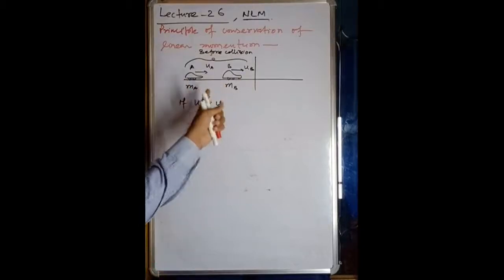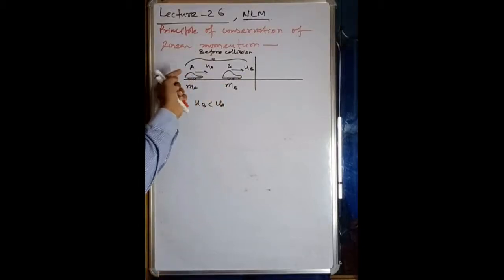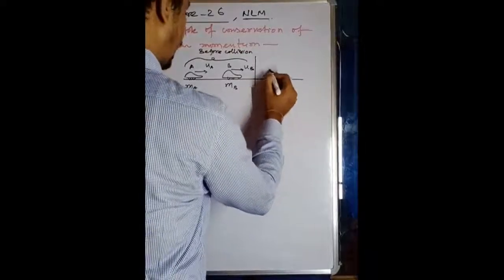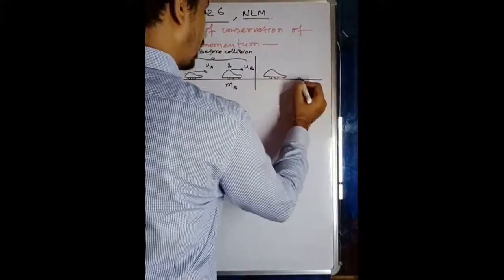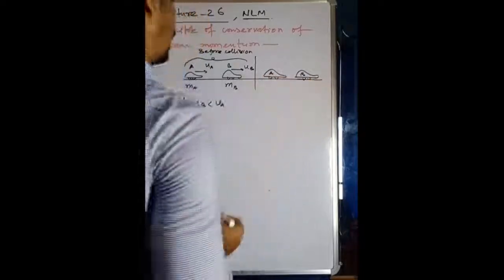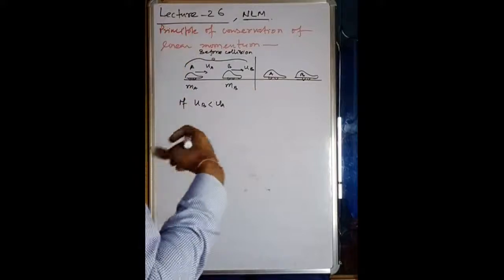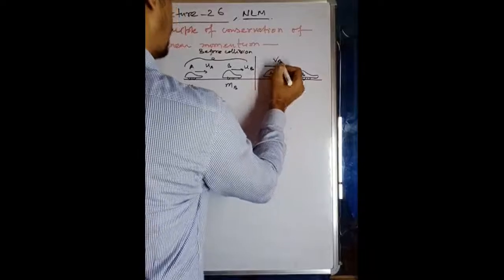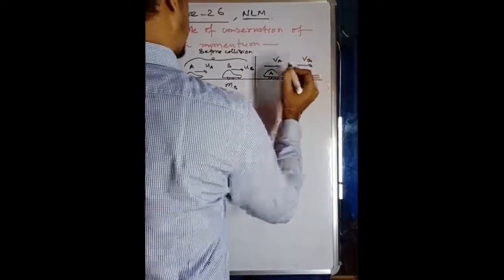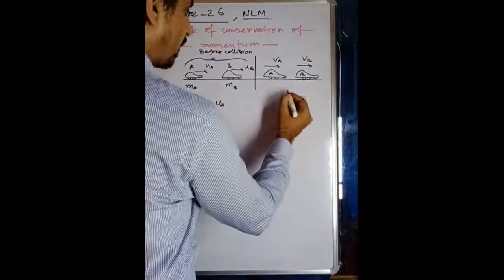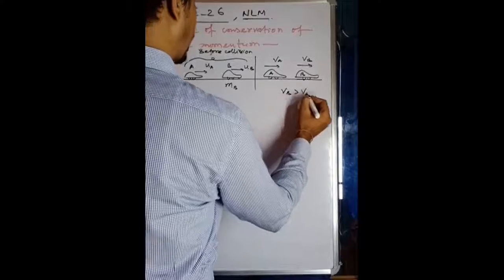Due to this condition, if car A is moving faster, of course it will collide with the second car, and after collision, what will happen? The two cars get separated, the same thing you will recall in the collision chapter. Suppose the velocity of A becomes VA and the velocity of B becomes VB. If they separate after collision, VB is greater than VA.